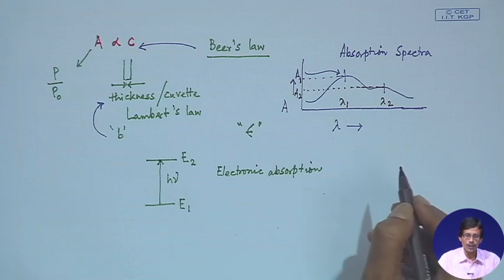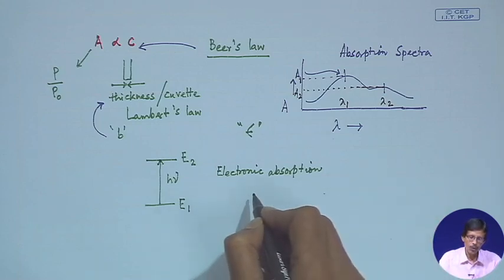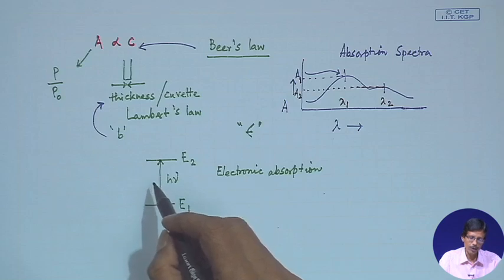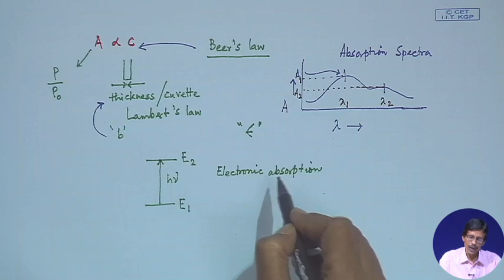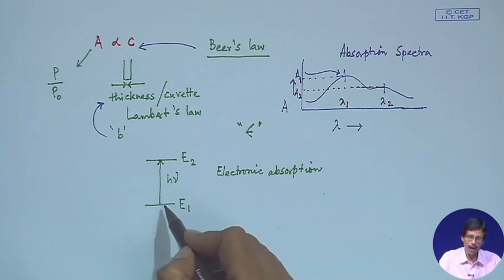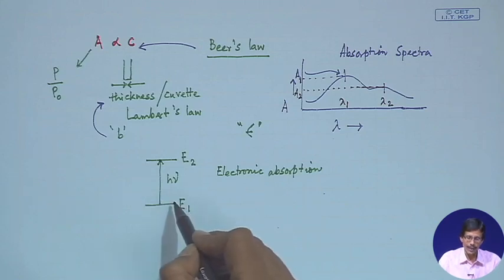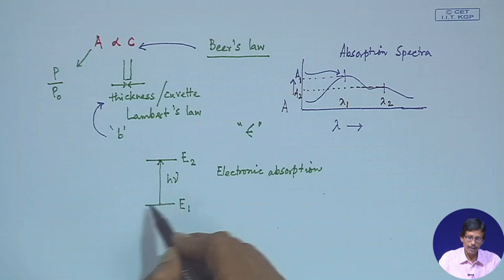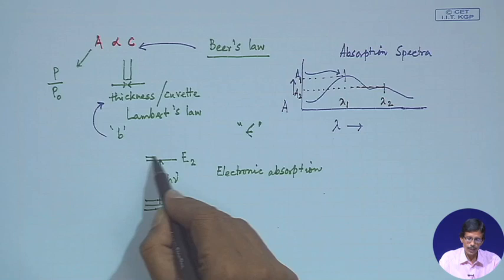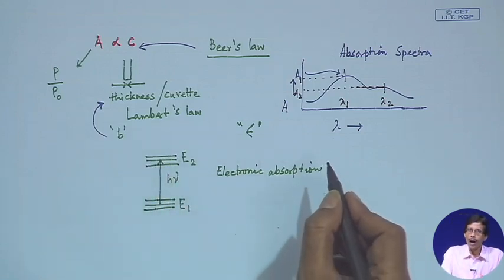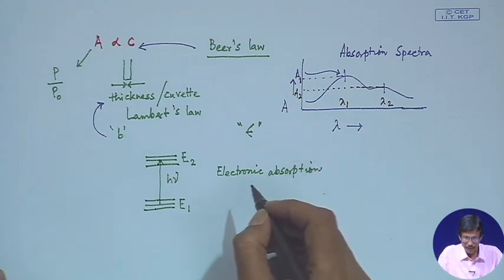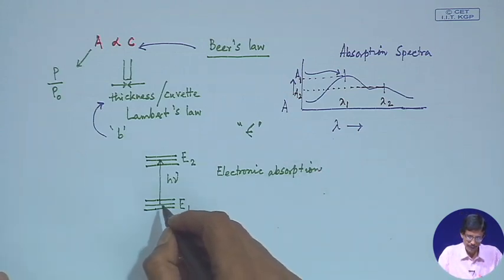This electronic absorption is the typical transition we get for the aqueous solution, but the underlying electronic state can have other levels, the vibronic or vibrational levels. We can have small vibrational levels in the lower electronic state as well as in the upper electronic state, and these different transitions can change.